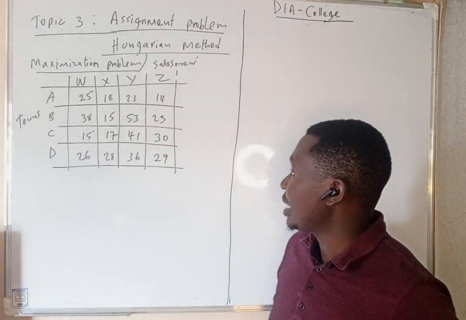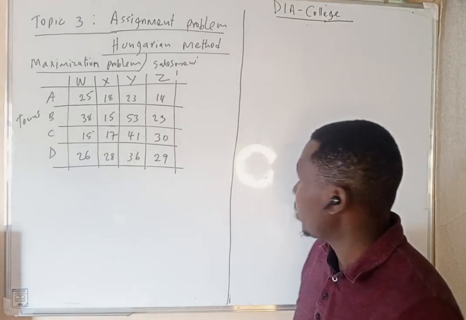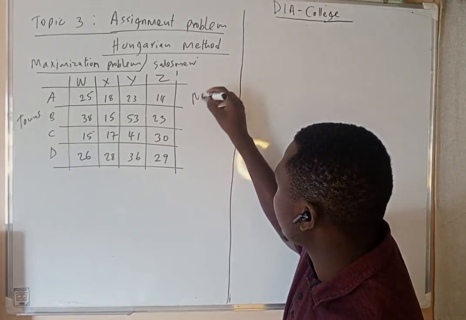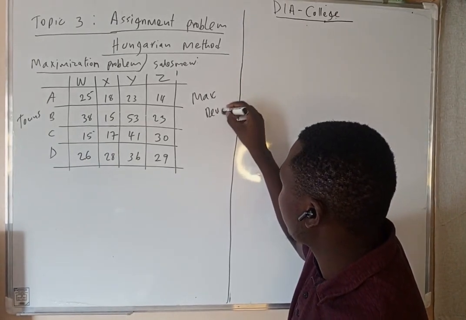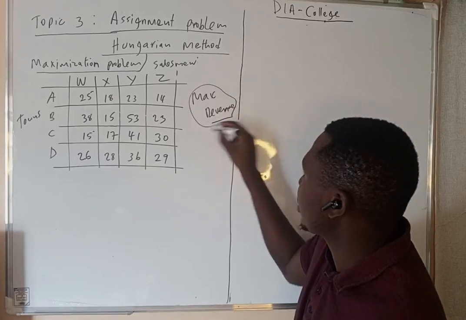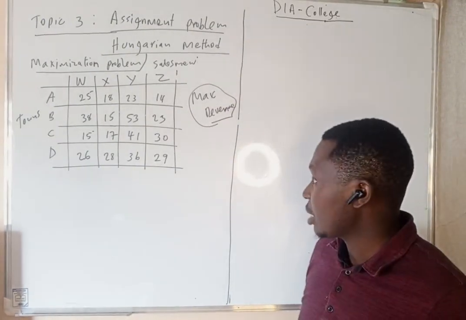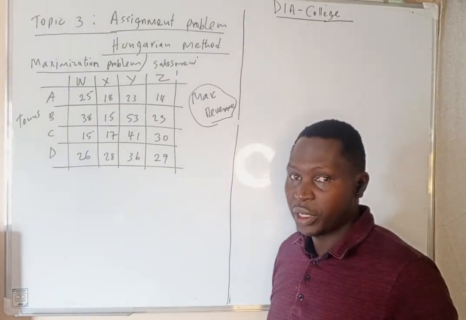By allocating effectively, we can maximize the revenue. So our problem is to find the maximum revenue by assigning the salesmen to the best town they can serve well. To do that, our first step will be a bit different.